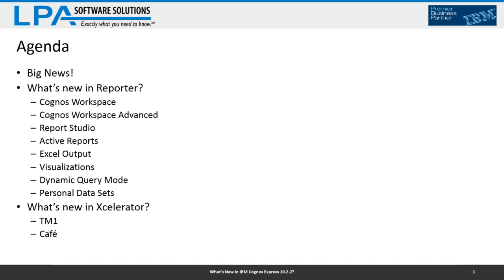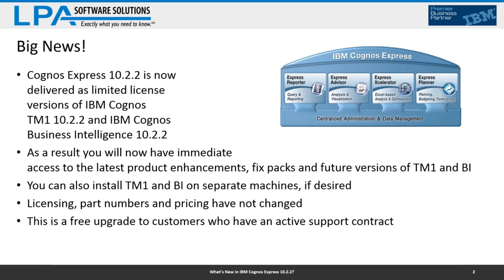First of all, let's talk about the big news in Cognos Express 10.2.2. Fundamentally, the big change is that Cognos Express is no longer a separate set of software from the standard business intelligence and TM1 enterprise software that IBM publishes. So heretofore, in previous releases, Express has been its own software set. It's had its own release cadence.